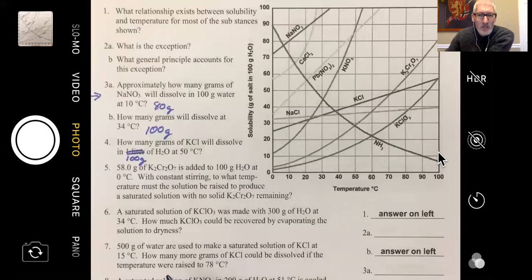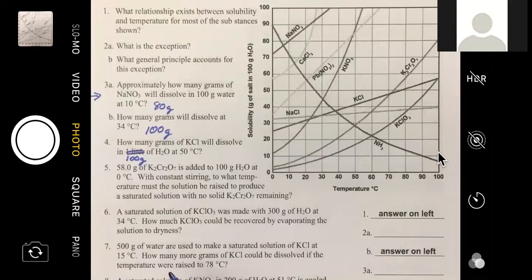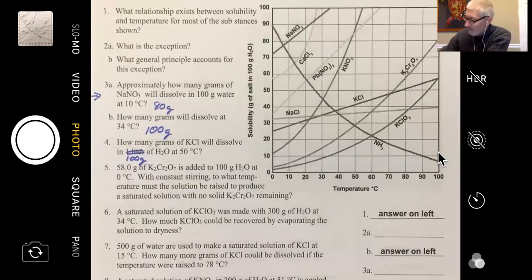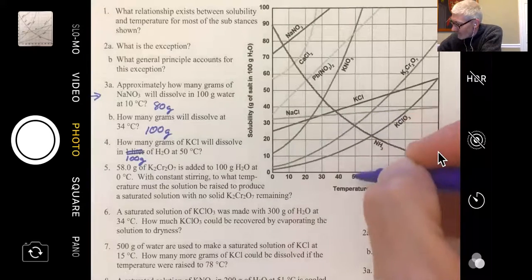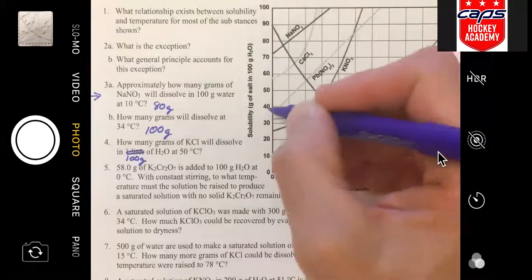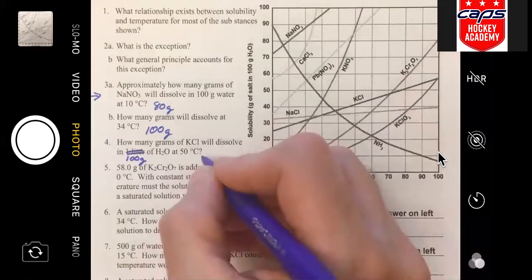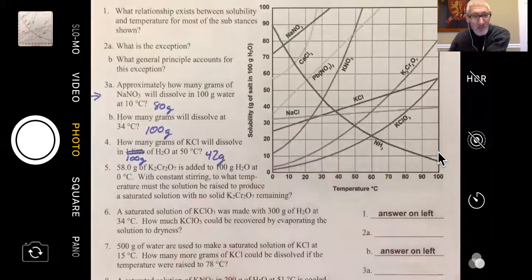Either one of you can chime in with an answer when you think you've got it. Like 41. 40 something is what I heard? Yeah. Okay. Dylan, do you agree with that? Yeah. Something maybe about 42 grams, something like that.